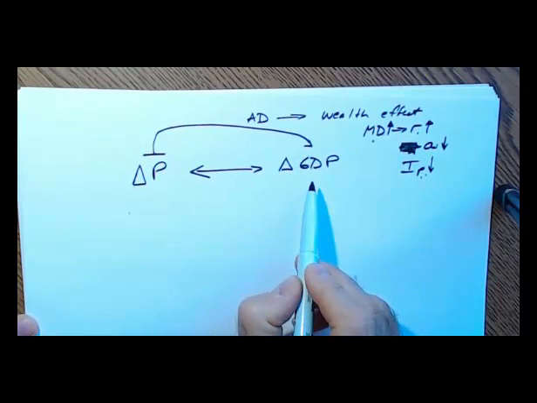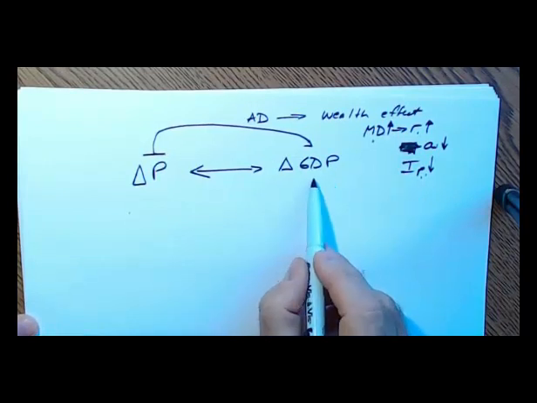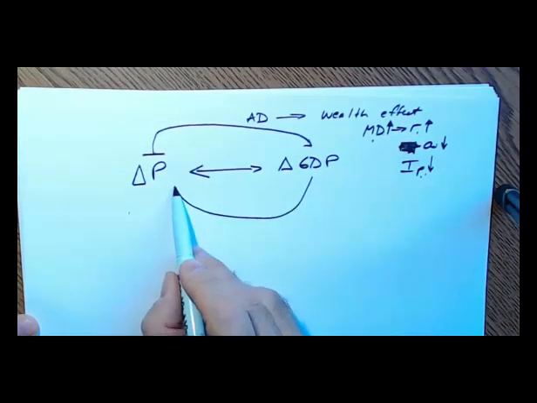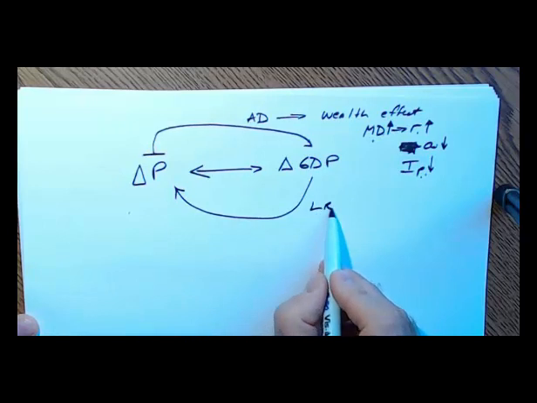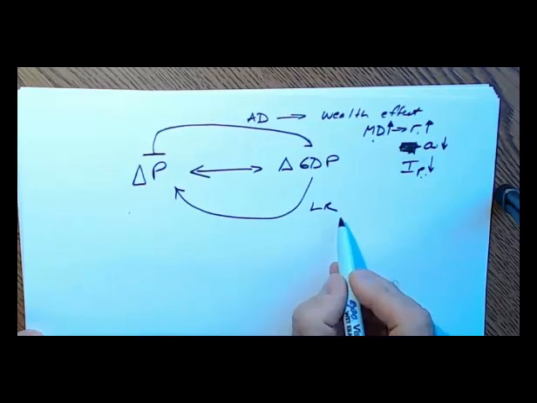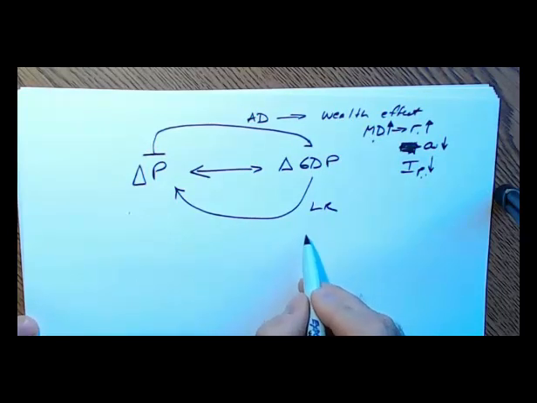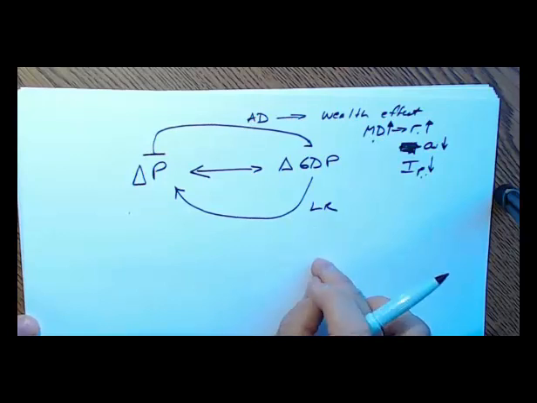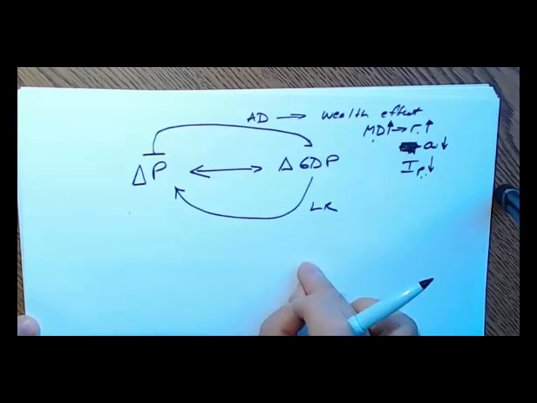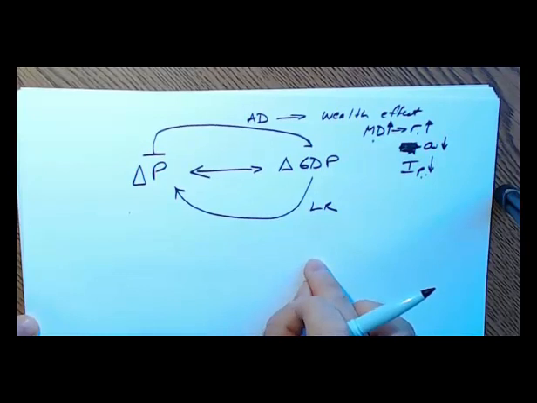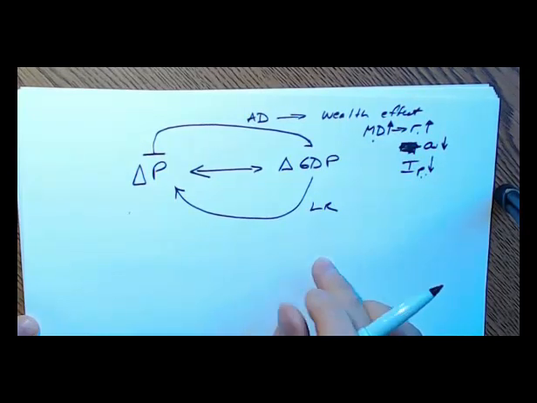So therefore, we saw that in the short run, changes in prices had an impact on GDP. We also saw at the very end that in the long run, with the aggregate supply curve, when we were out of equilibrium, away from long-run potential, away from full employment GDP, then we had inflationary and recessionary gaps.